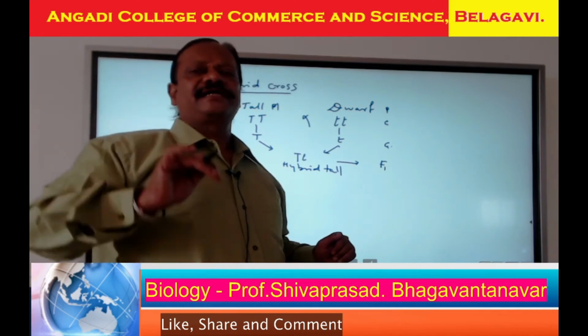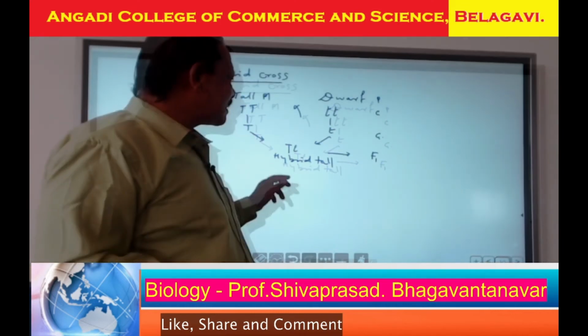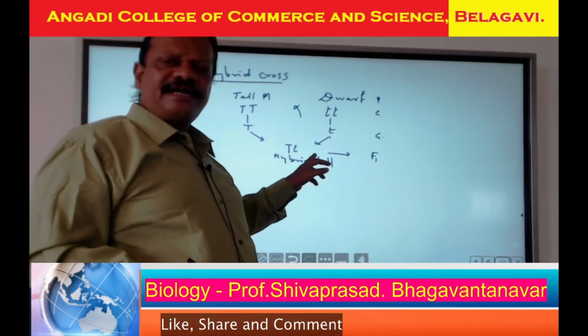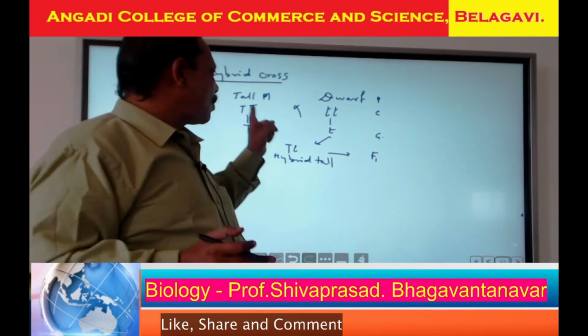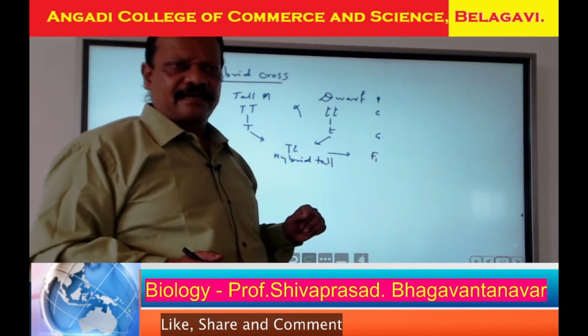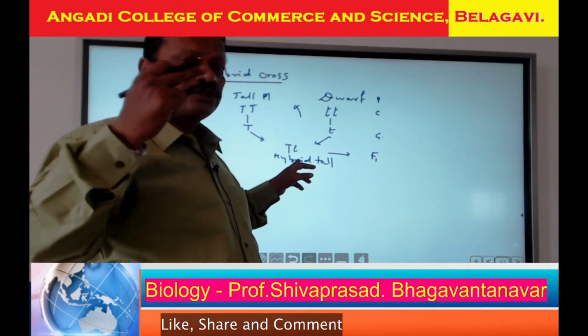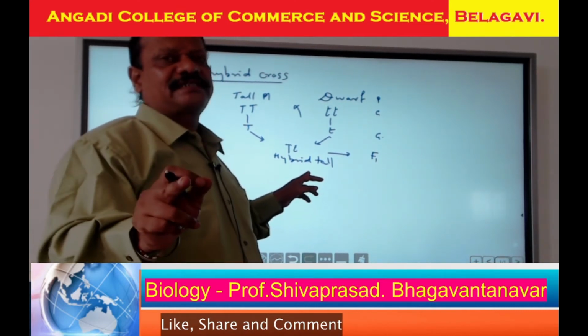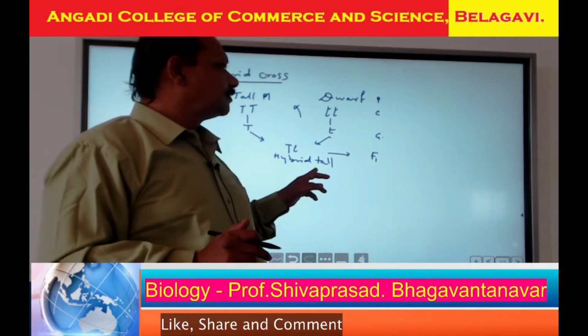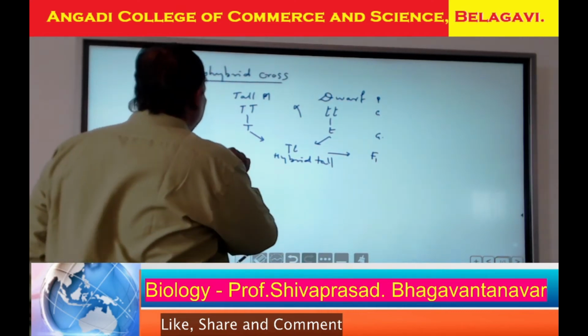Now what Mendel did in the next step, he crossed hybrid tall with hybrid tall, one male and another female. When hybrid tall is crossed with hybrid tall, the process is called selfing. So we'll go for the selfing now.